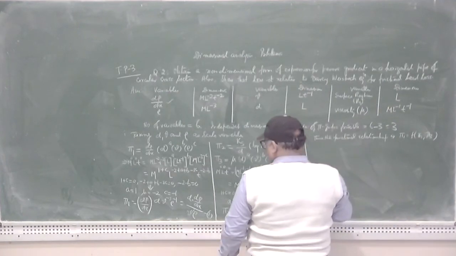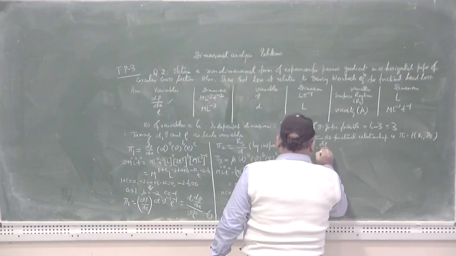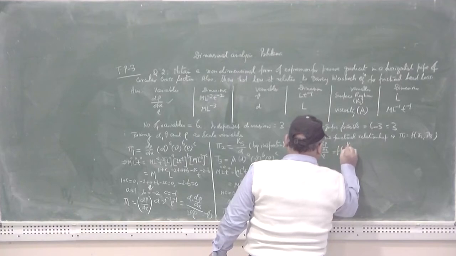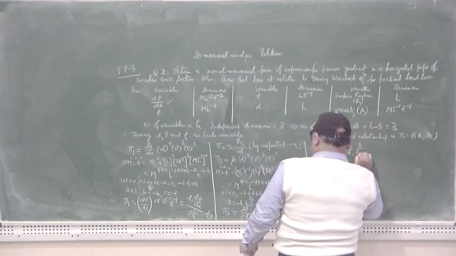So, we can write d into dp by dx divided by v square rho should be equal to a function of Ks upon d and mu divided by d rho v.